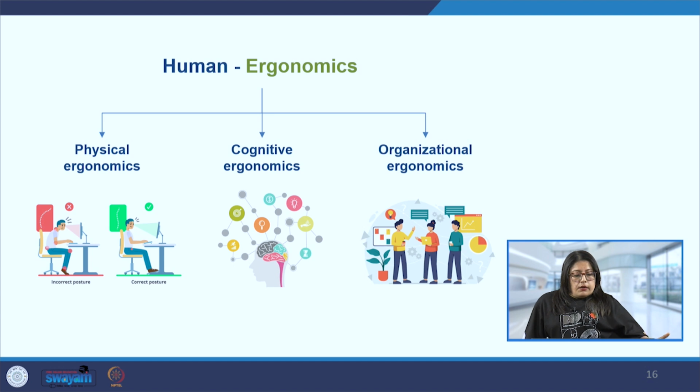And the third area, organizational ergonomics, is an area which combines both the physical and the cognitive ergonomics, and it looks at larger organizations, where a combination of these can be improved so as to improve the efficiency and output of the user.